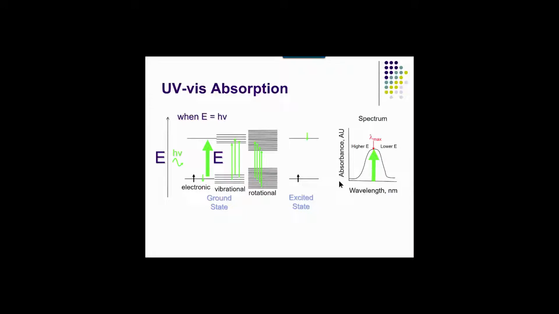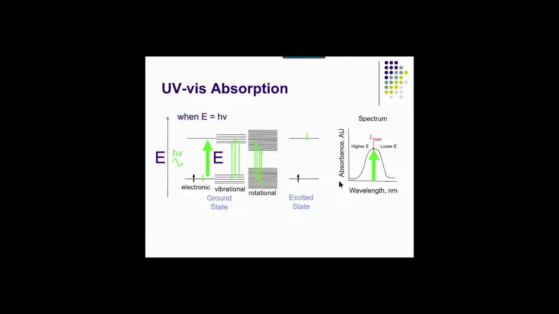Recall, we can relate the absorbance of a sample to its concentration through the Beer-Lambert law, which says the absorbance at wavelength lambda is given by the product of epsilon, the molar absorptivity of the analyte at wavelength lambda, times the sample path length L, usually 1 centimeter, and the analyte's molarity in solution.